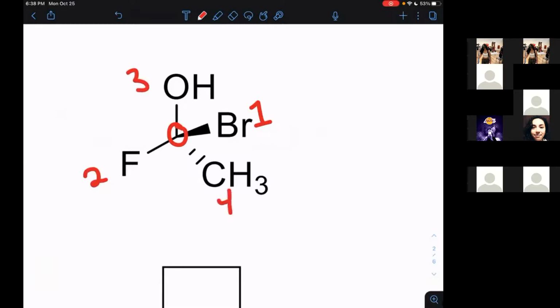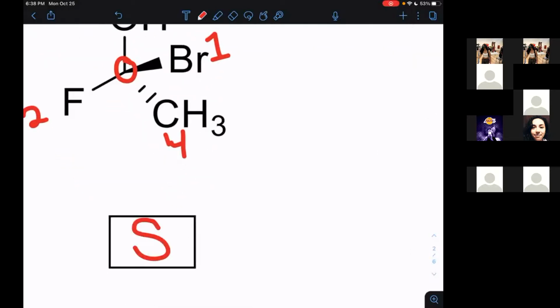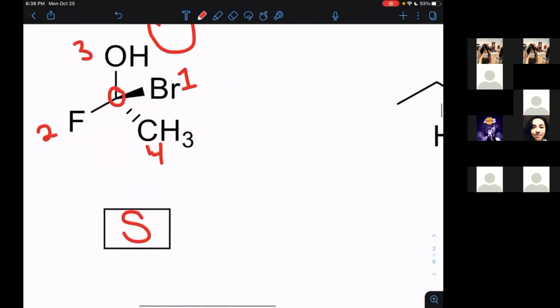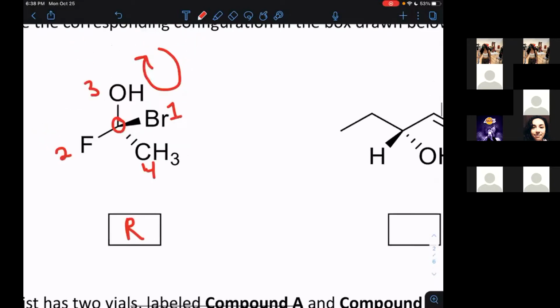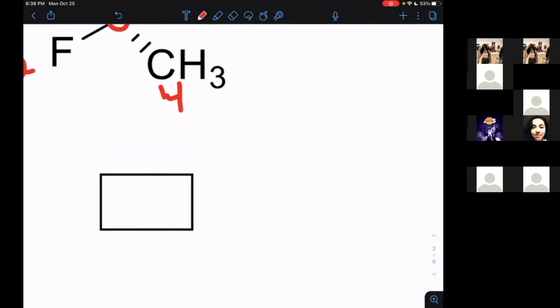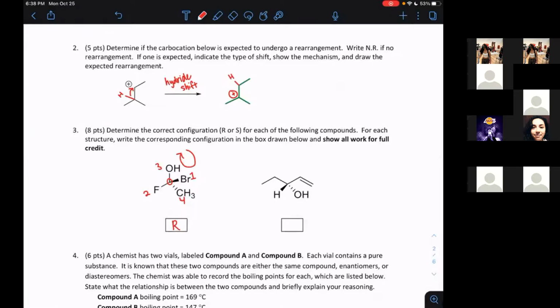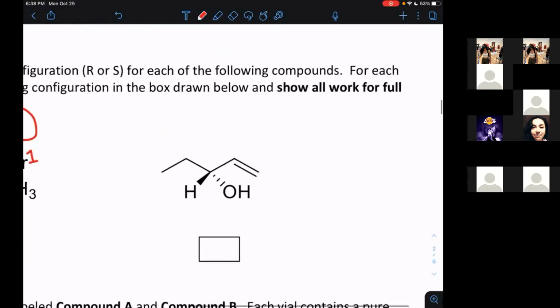And then this is our fourth one, and it's already in the back, so we can just follow the direction that 1, 2, and 3 are going. So that is counterclockwise. So it's S. Nope, wait, that's clockwise, right? I'm very bad with my clockwise and counterclockwise. Okay, so it's that one.